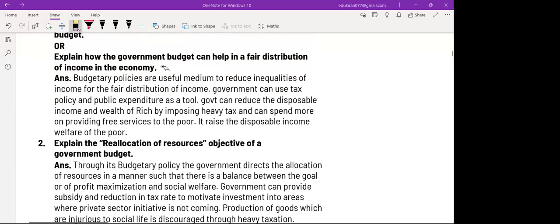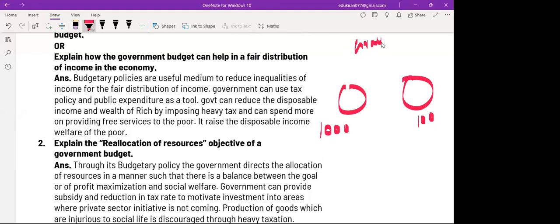First one, okay. Now, fair distribution of income. Sometimes what happens is, for example, this person is earning 1000 rupees and this person is only earning 100 rupees. This person wants grains. Grains are, for example, 80 rupees. For him, 80 rupees is nothing.